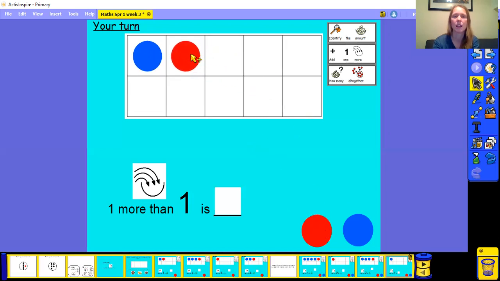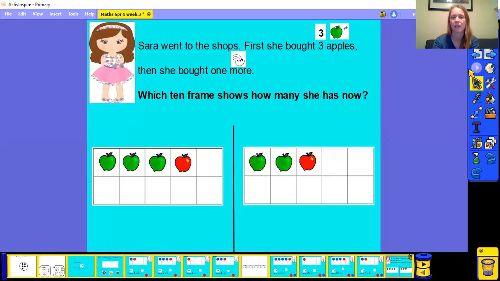My red counter shows me 1 more. To find the answer, what do I need to do? Yes, I need to count how many there are all together. 1, 2. There are 2 altogether. 1 more than 1 is 2. Well done if you got it right.